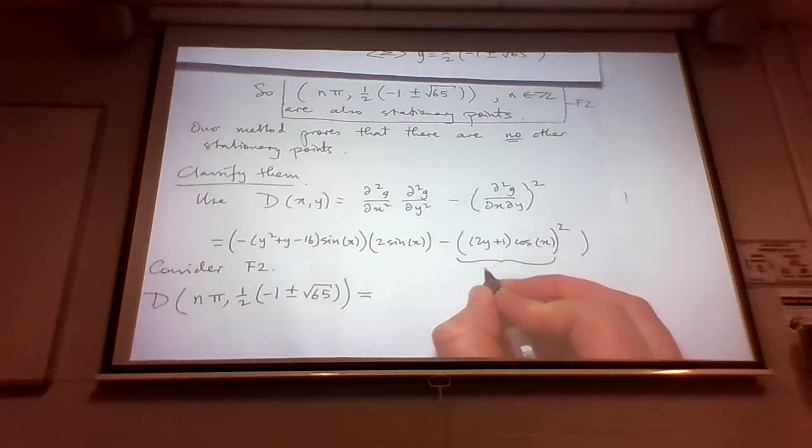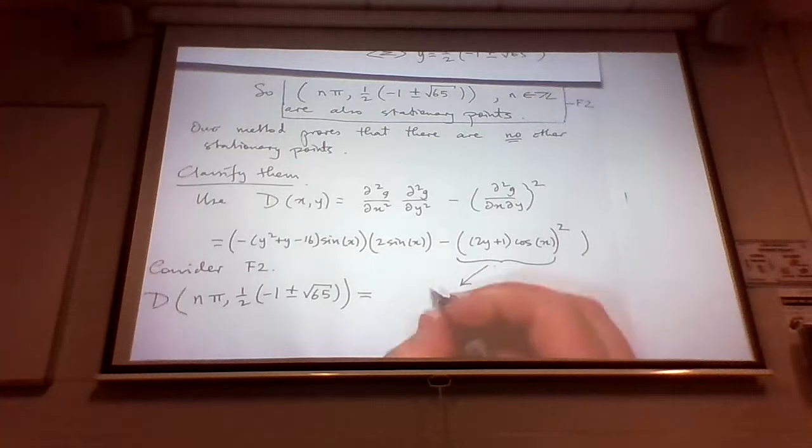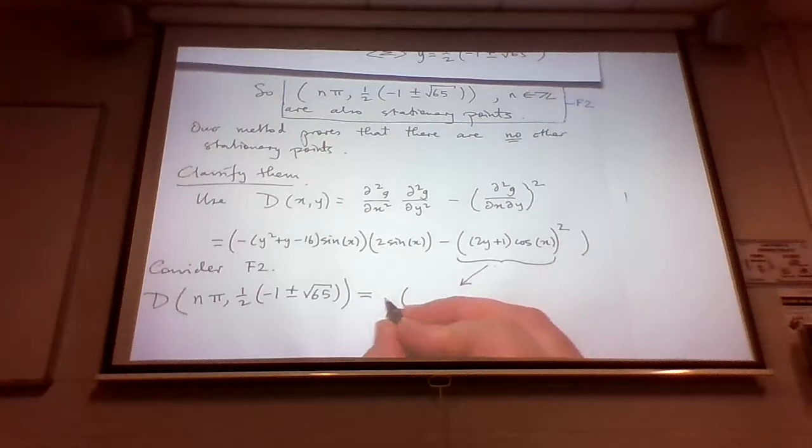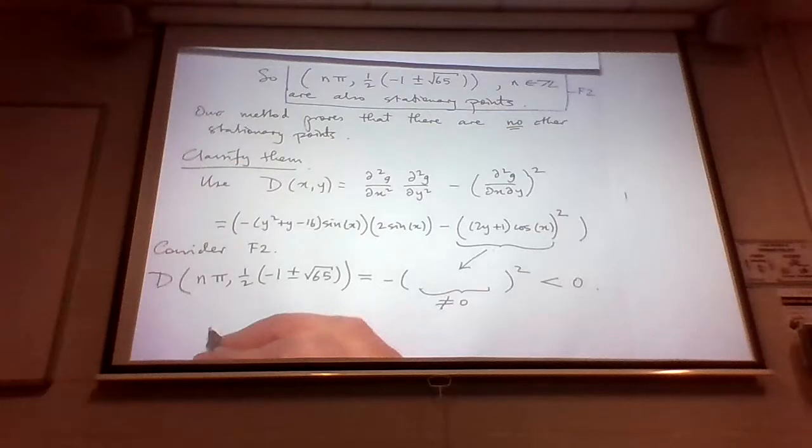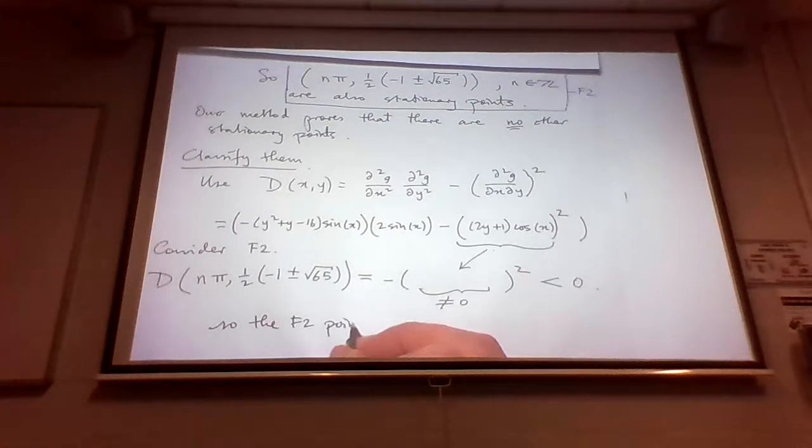This is the only thing that survives, and it looks like a negative of a square of something which is non-zero. So the point is it's less than 0. I don't particularly care about the precise numerical value. It's just a negative quantity. And so the F2 points are all saddle points.